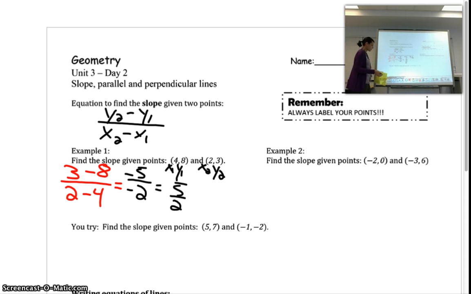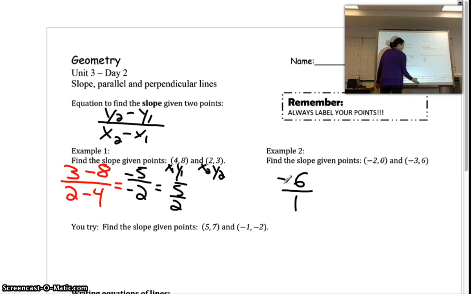All right, what did you get for the slope for example 2? Negative 2 subtract 7 is negative 9. Negative 6 over 1? Anybody not get that? The denominator can be negative.